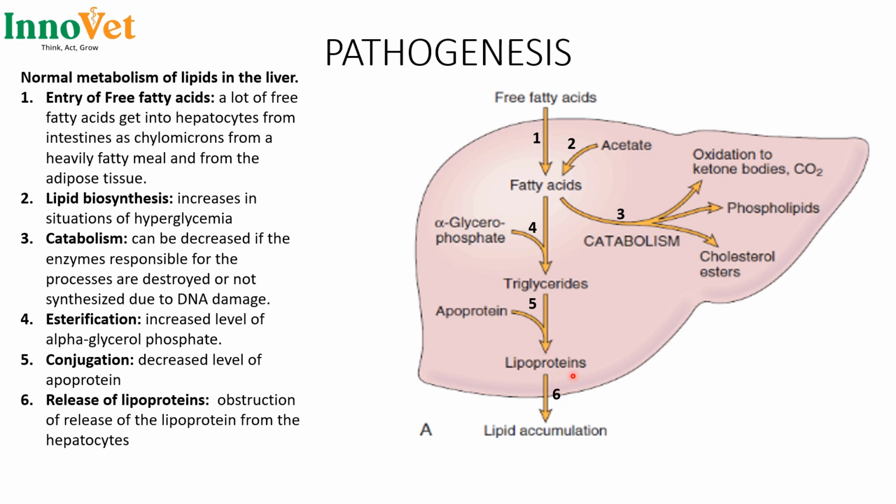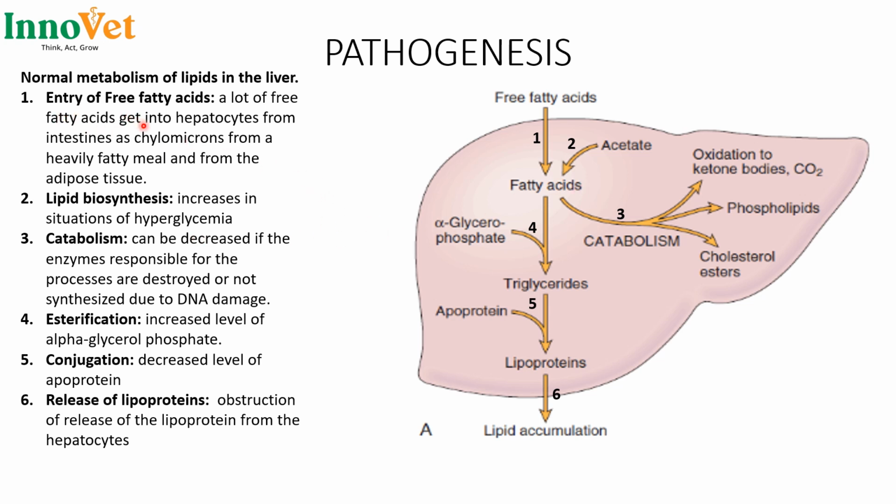And then step number 6, we are removing this lipoprotein from the liver cells and sending it into circulation to other tissues. But these steps can all be impeded, and when they are impeded or accelerated or magnified, we can have fatty change developing.